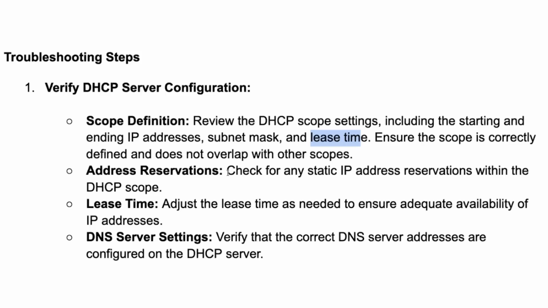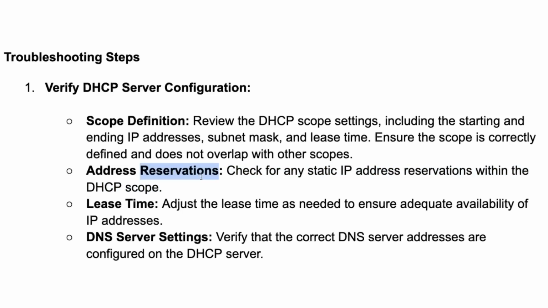So first we understand what the scope definition for the server is. Then we look at any static IP address reservations within that scope. From that 0.1 to 0.101 range, has any of those IP addresses actually been statically assigned to something else?